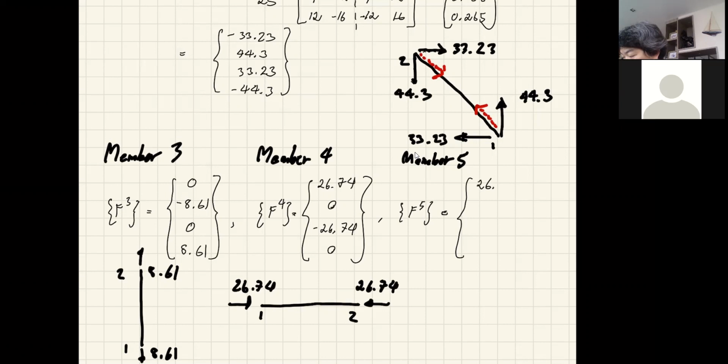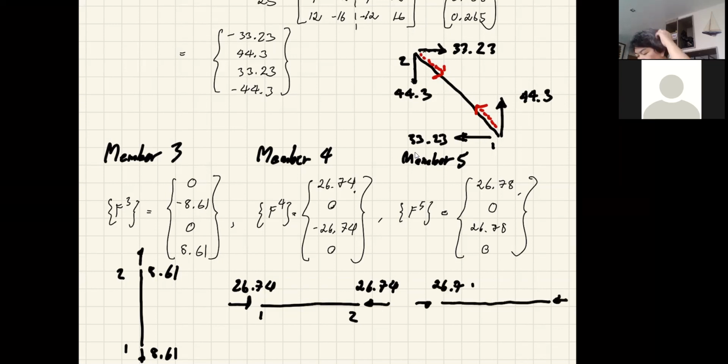But I have the problem of round off, so I got 26.78, which should be okay, negligible. 0, 26.78, and then 0. So member number 5 also looks like this, with let's say 26.7. Now we can assemble everything and you're going to see the whole picture.